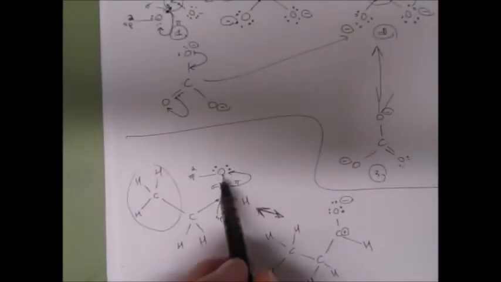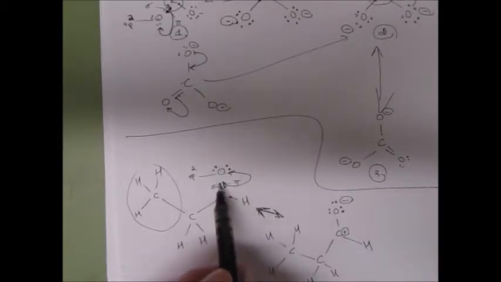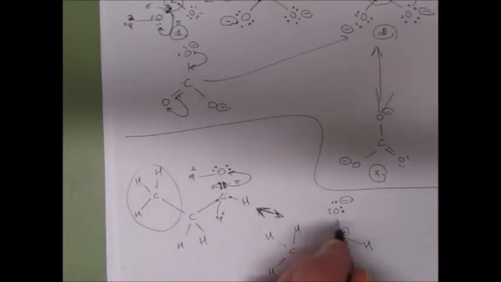Well, look what happened over here. Oxygen comes to the party with 1, 2, 3, 4, 5, 6 of its own electrons, sharing 2 of them. But now it's taking 1 from this carbon, acquiring it. So this oxygen now has 1, 2, 3, 4, 5, 6, 7 electrons. 1 more than the 6 it normally has to be neutral, therefore it is a negative charge. These are 2 resonant forms.